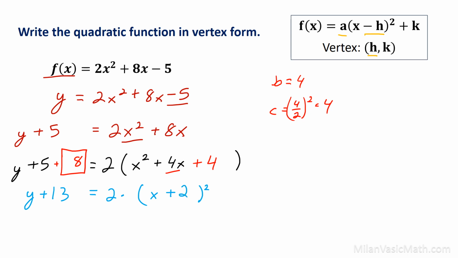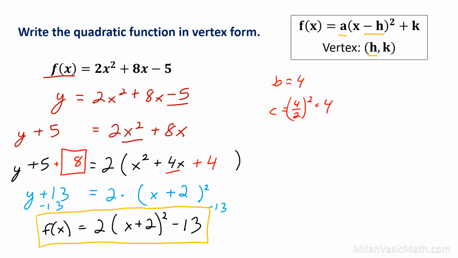And last step, I will subtract the 13 from both sides, and I could bring back the f of x as well. So my final answer is f of x equals 2, open parenthesis, x plus 2 squared minus 13.